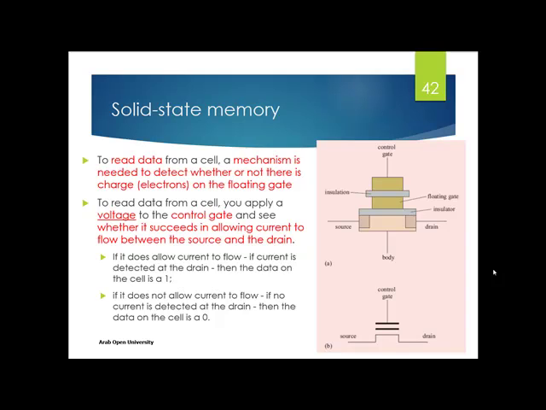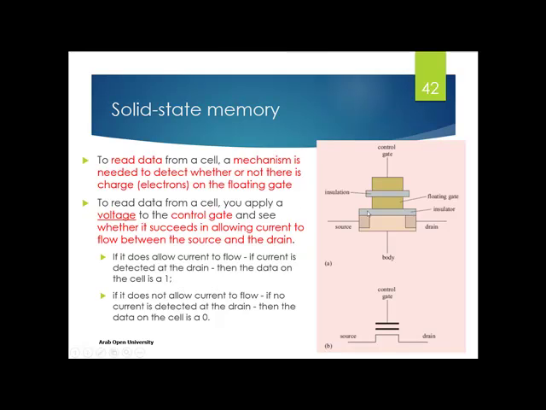The concept of reading and writing consists of either injecting a charge or removing the charge from the floating gate, which is for writing, or detecting if there is a charge or not in the floating gate. To read the data, we apply a voltage on the control gate and see whether it succeeds in allowing current to flow between the source and the drain.